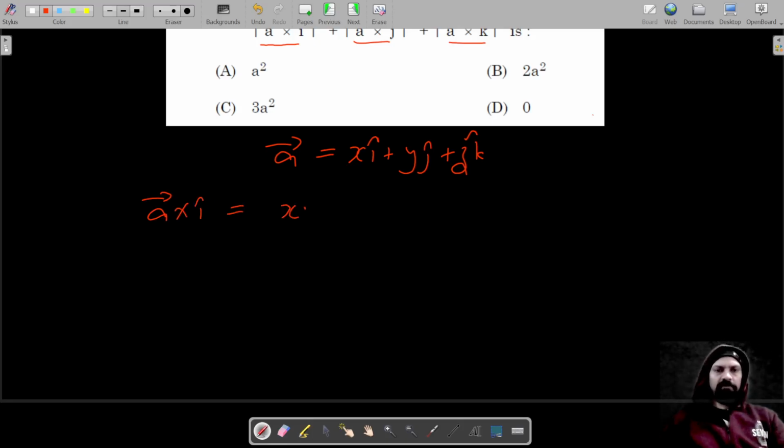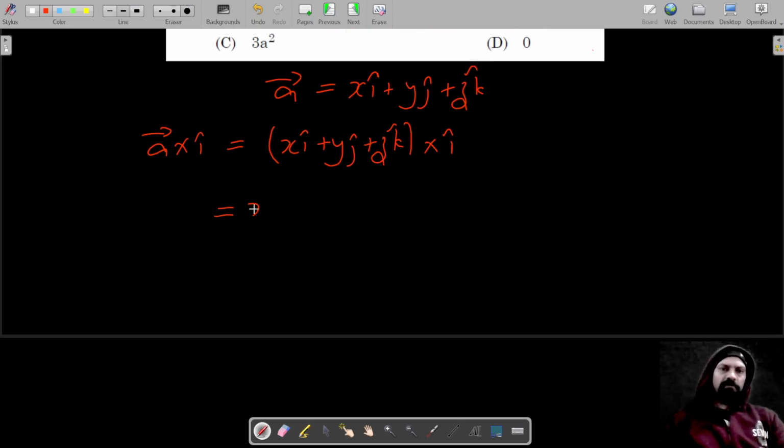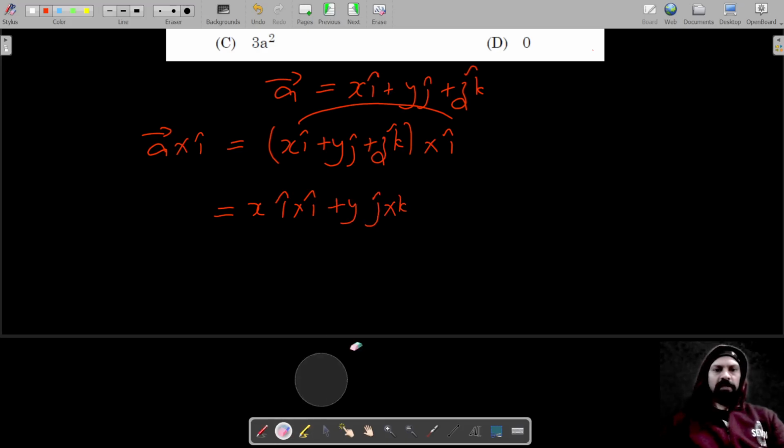Now our A vector is x I cap plus y j cap plus z k cap, crossed with I cap. So I can write this as x into I cap cross I cap plus y into j cap cross I cap plus z into k cap cross I cap.